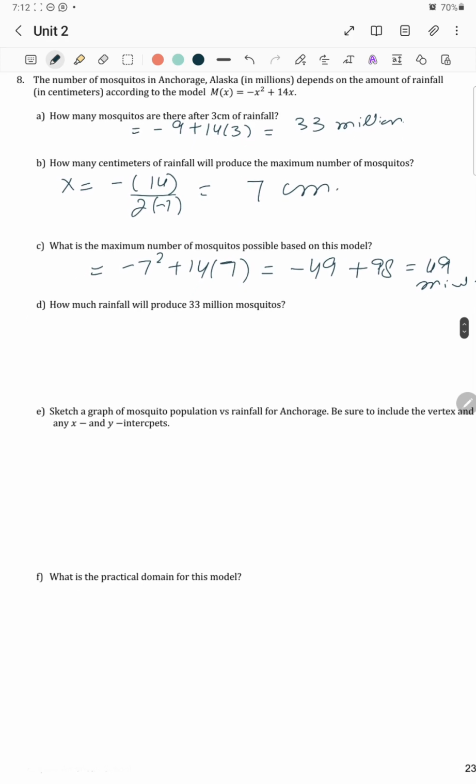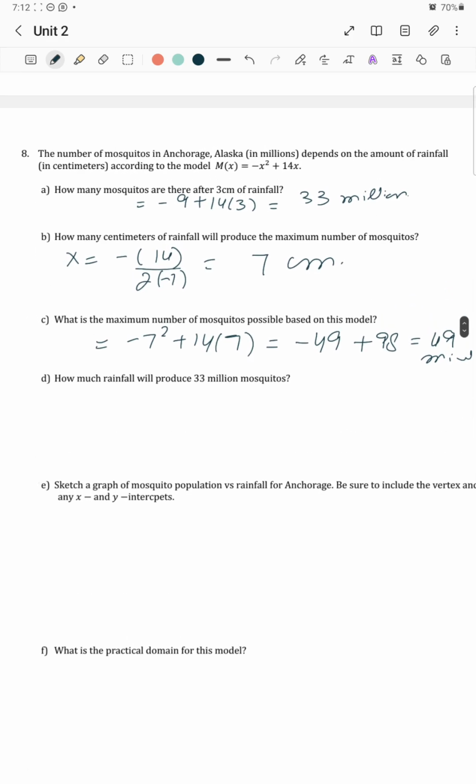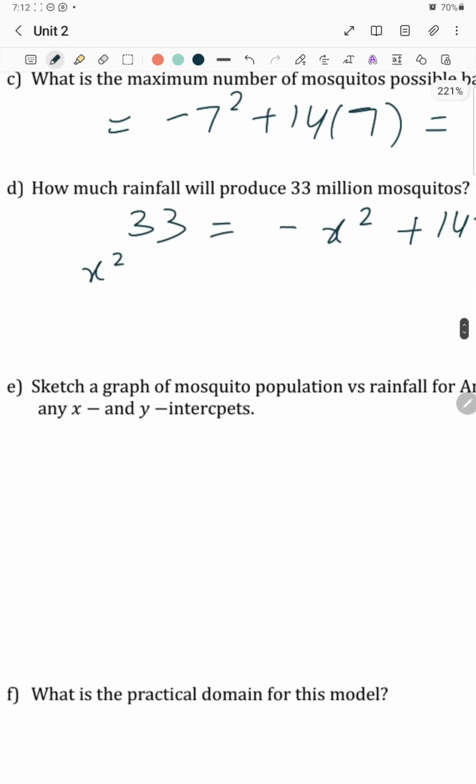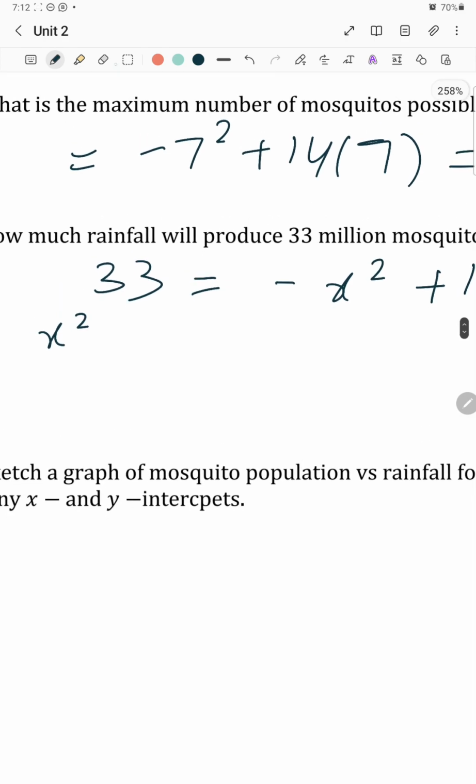How much rainfall will produce 33 million mosquitoes? The equation will become x square minus 14x plus 33, which is equal to 0.